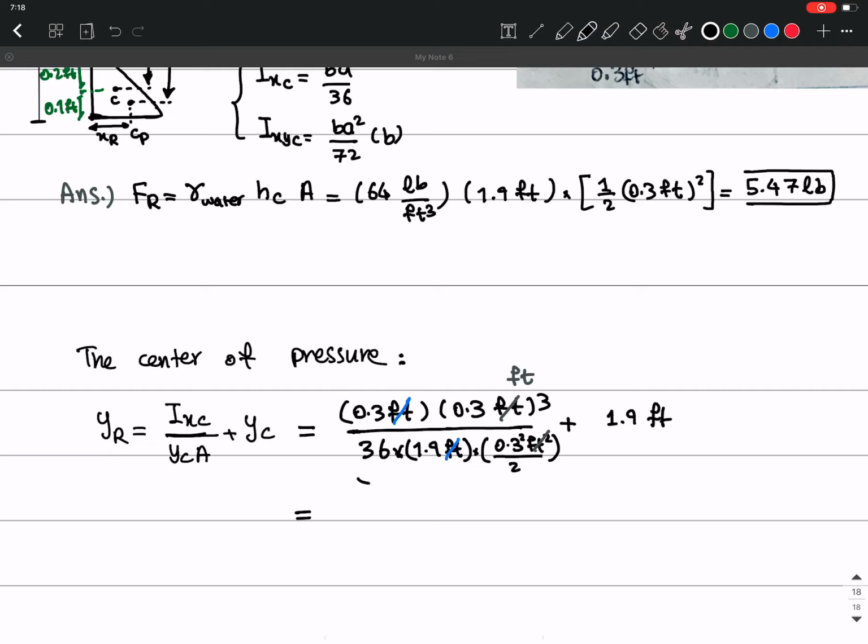So the whole thing here, if you calculate it in a calculator, is going to be 0.0026 foot. And then we have plus 1.9 foot, which is going to give us 1.90026 foot. Okay. It's very close to the center.